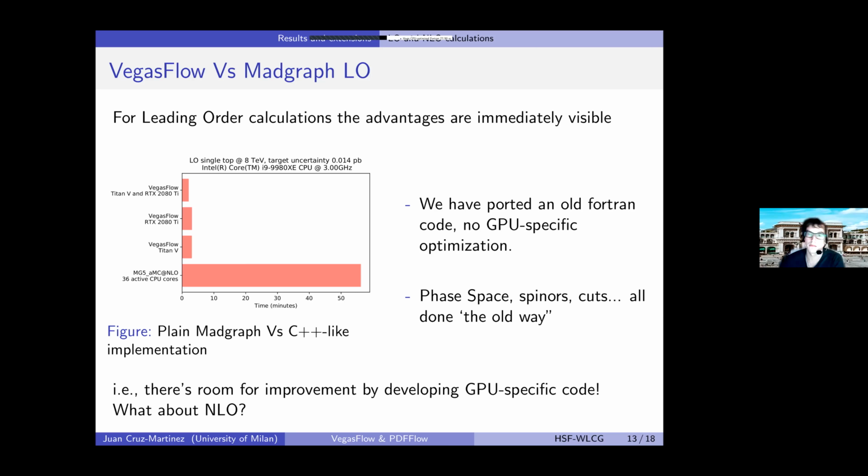I don't remember off the top of my head, but it was way worse. So I would guess it was worse, not better, right? Yeah. I mean, it was an old Fortran code, so it was done for a different time. Okay, I see. Thanks.